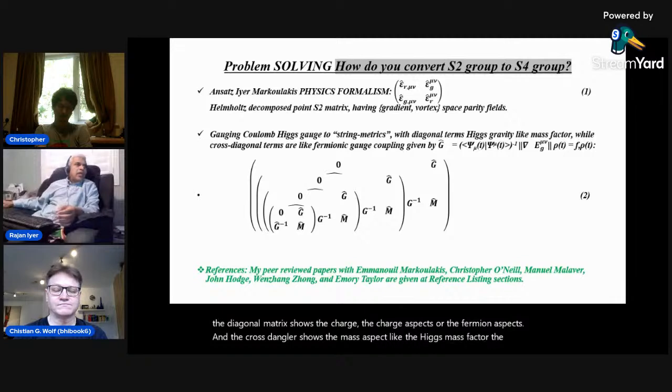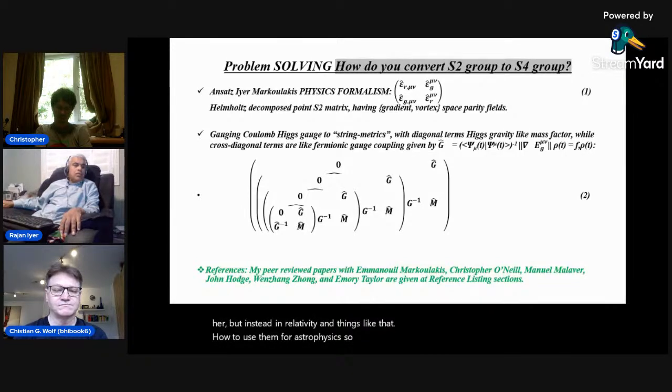The cross diagonal is like a fermionic gauge, and I developed it myself, and then I published along with Manuel, who does a lot of astrophysics. So we do it together to understand Einstein relativity and how to use it for astrophysics.